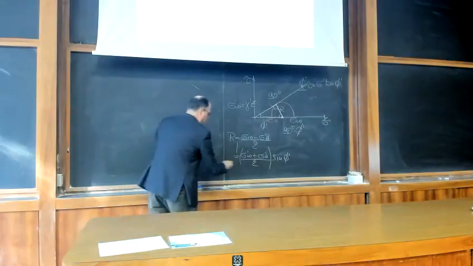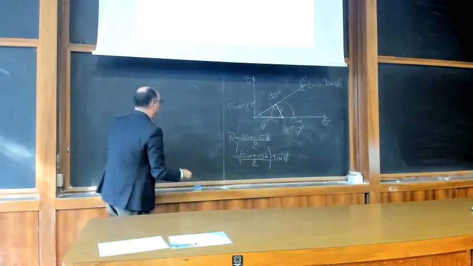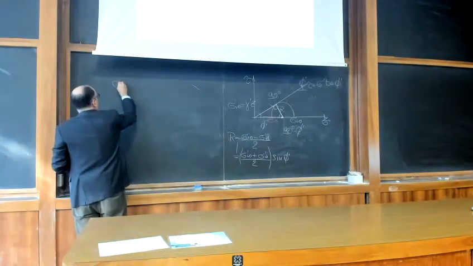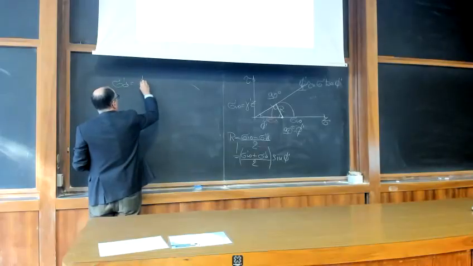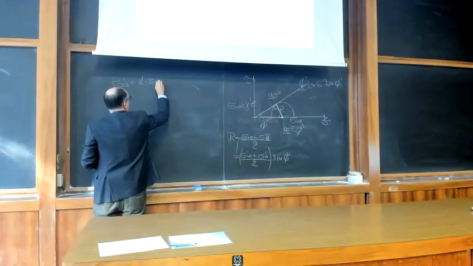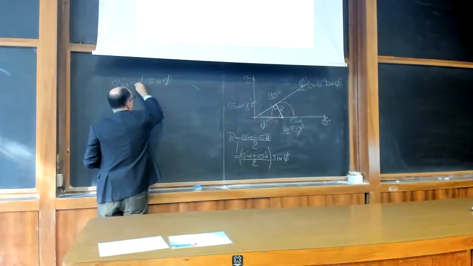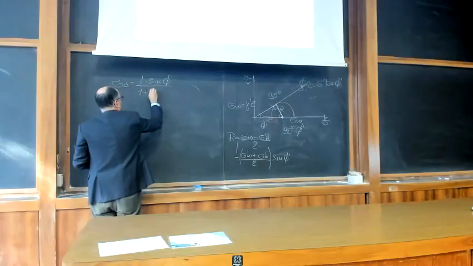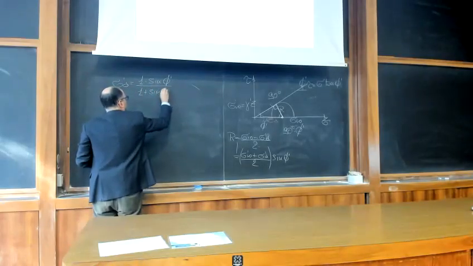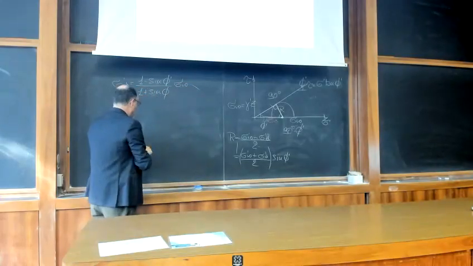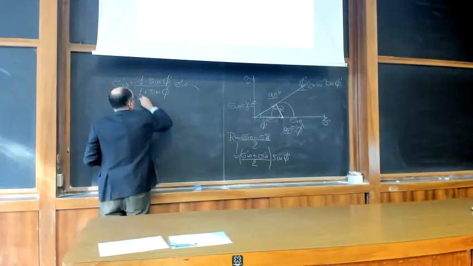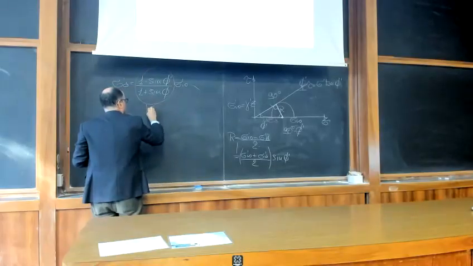So if you solve for sigma a, you end up saying that sigma a, in active conditions, is (1 minus sine phi) divided by (1 plus sine phi) times sigma v naught. You call this Ka.